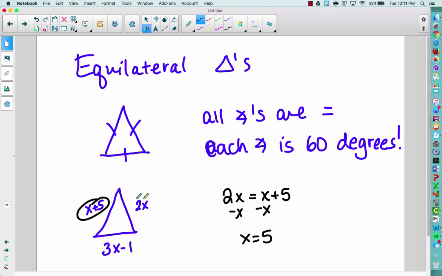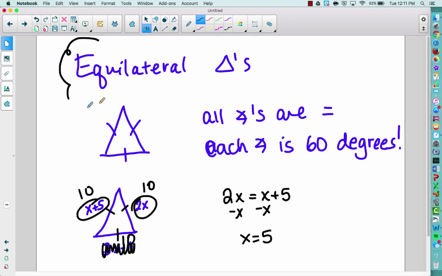And just worry about the 2 sides. Ooh, actually, that one doesn't work, so I'm going to leave it like that. So if I told you it was equilateral, then you could do that, and then you'd know that this side is 10, this side is 10, so therefore this side would also be 10. The side lengths are all the same, and therefore each angle would be congruent as well.